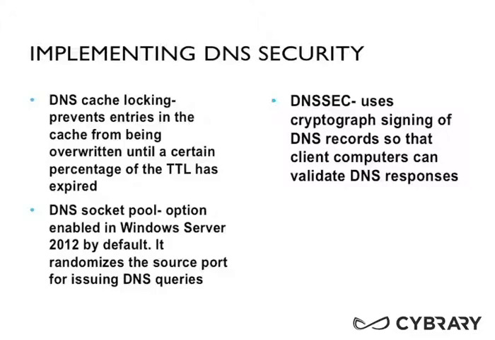DNS cache locking prevents entries in your DNS cache from being overwritten until a certain amount of the time to live has expired. So this is how this happens. Malicious users like to write bogus information in your cache. We call that a cache poisoning attack.